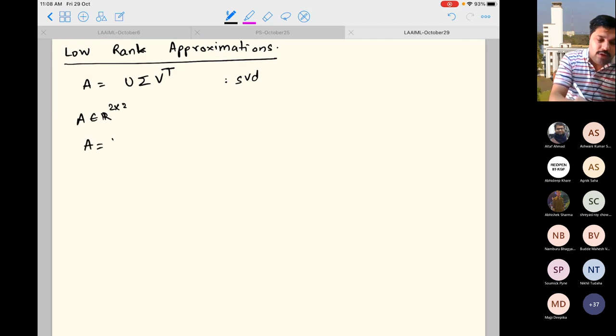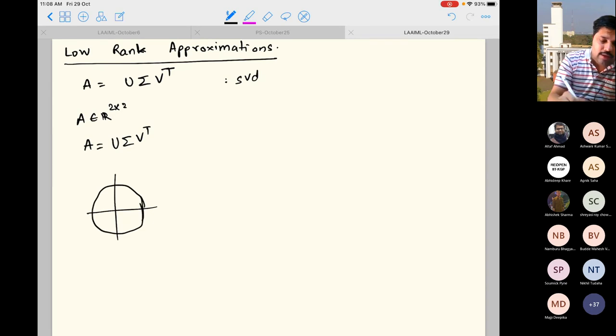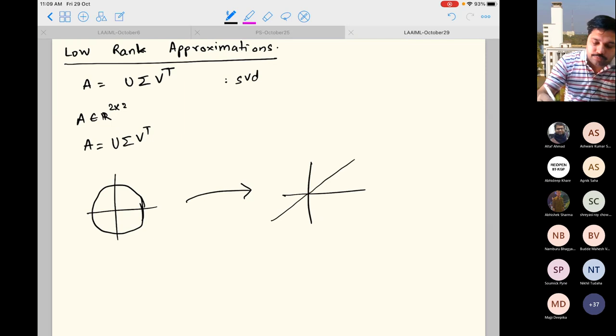You do the singular value decomposition U sigma V transpose, and what you are looking at is how the unit circle changes to an ellipse. This geometry is really very interesting.